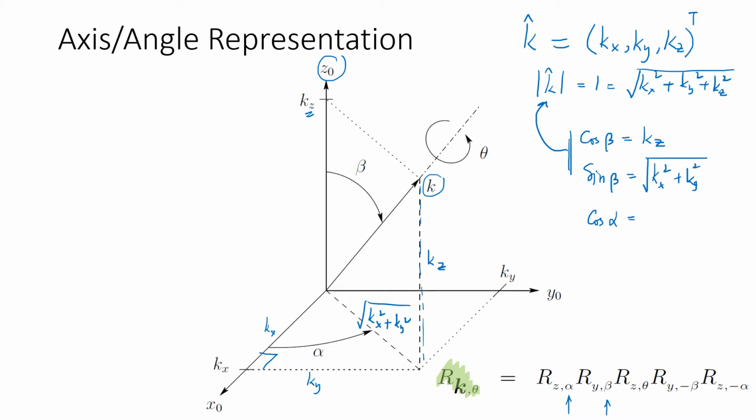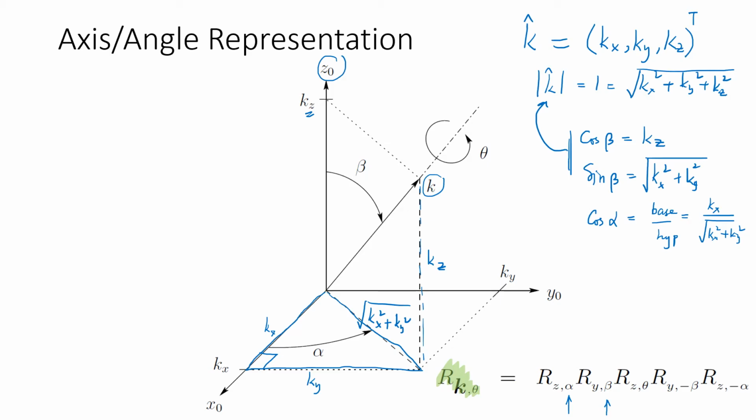So you can observe in this scenario that cos of alpha for this right angle triangle can be very easily found out, and that would be equal to base over hypotenuse, and base is obviously kx, whereas the hypotenuse is already computed, square root of kx squared plus ky squared.